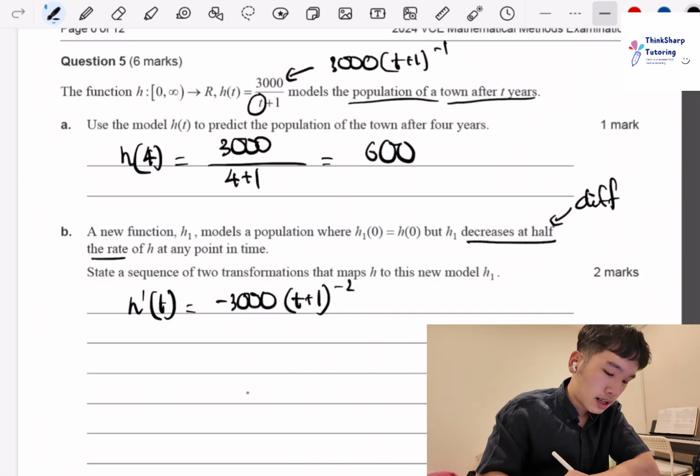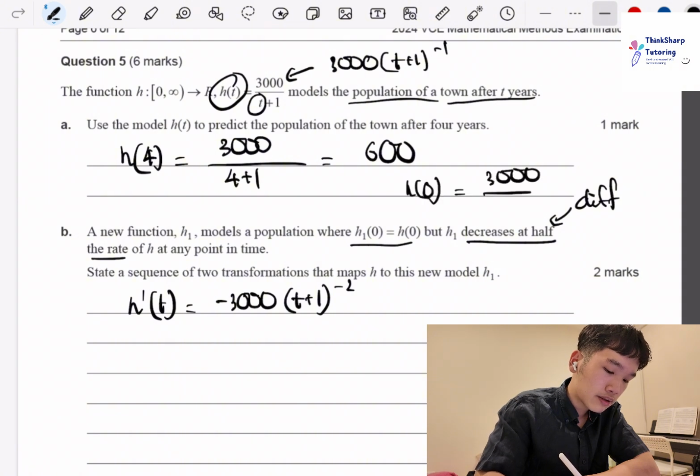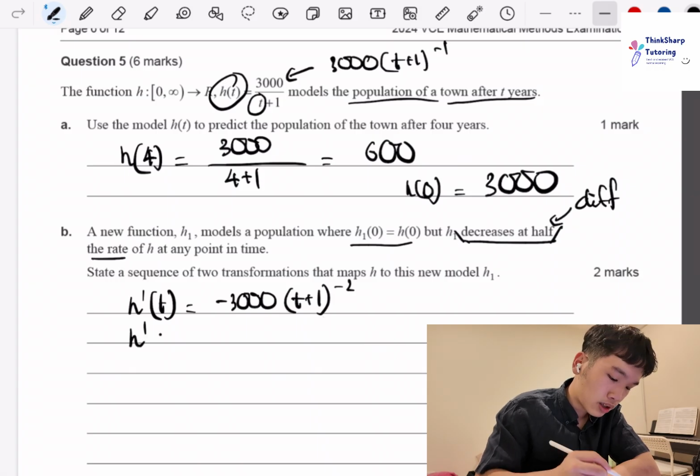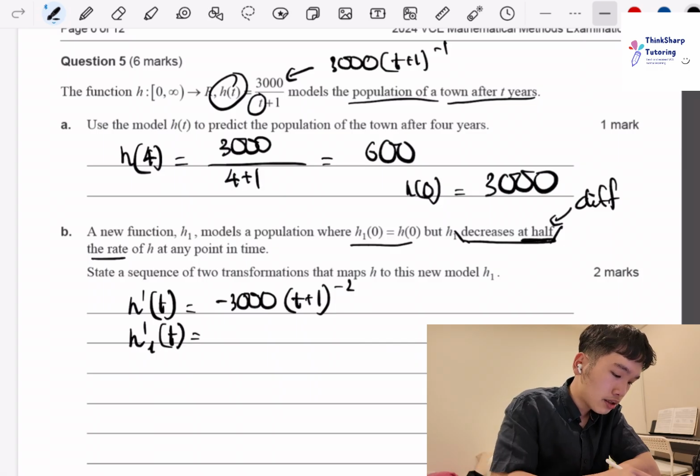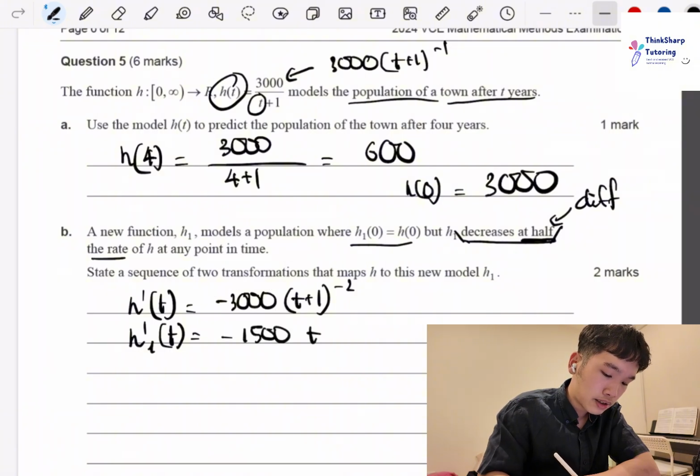We have h1(0) equals h(0). Quickly, h(0) will be 3000 divided by 1, which is 3000. So we already have h dash t equals this, but h1 dash t is half of that, right? So half of this would be negative 1500 (t plus 1) to the power of negative 2.